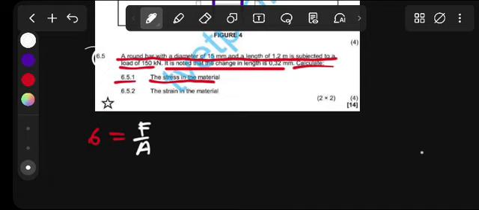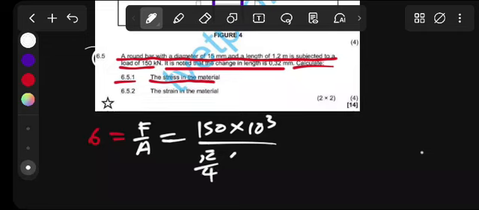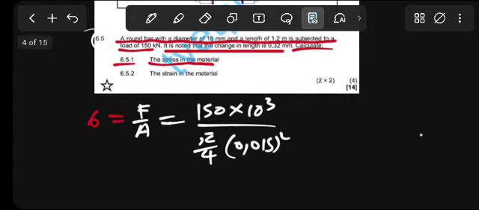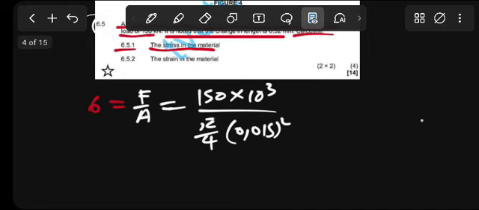Nevertheless, here we have 150 kilonewtons divided by the area. The diameter is 15 millimeter, which is the same as 0.015 meter squared. Then we'll have the stress in the material. What will be the stress?